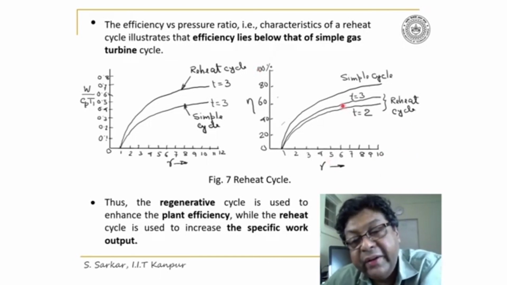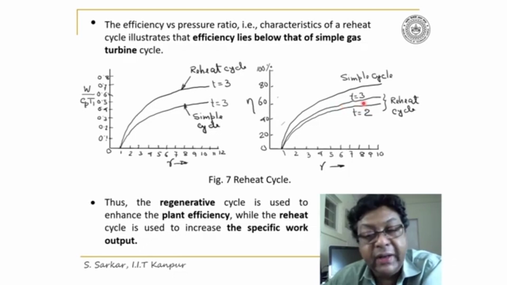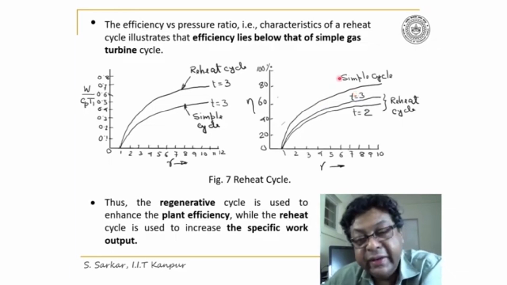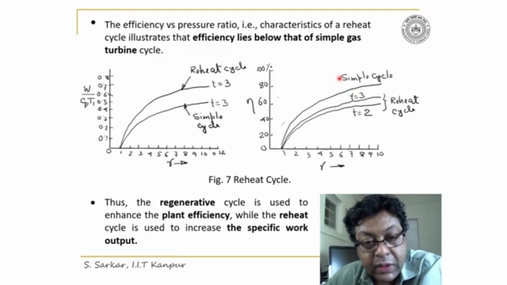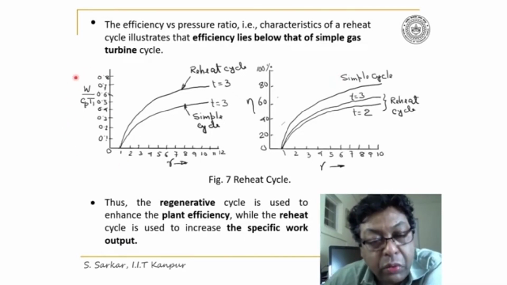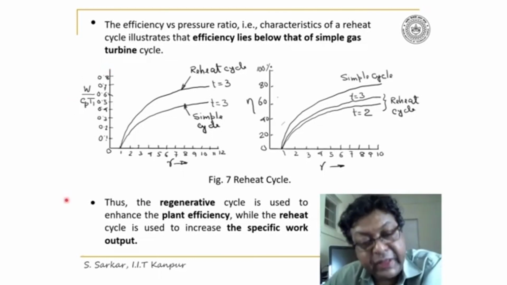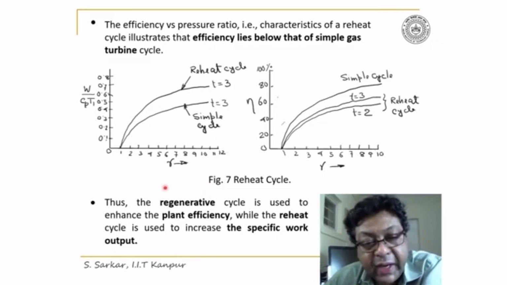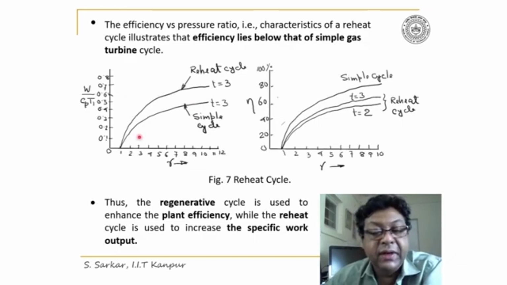Here you will find that efficiency for the reheat cycle lies below the efficiency of the simple gas turbine cycle, illustrating that reheating decreases the efficiency, while the specific work output is presented with respect to the pressure ratio. And from this figure it has been realized that the reheat cycle's specific work output is more than the simple gas turbine cycle.